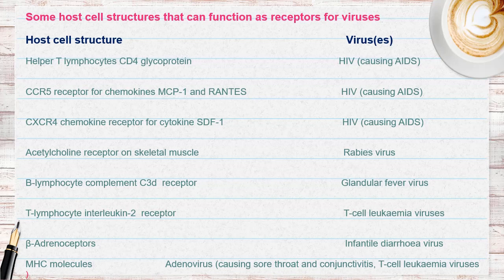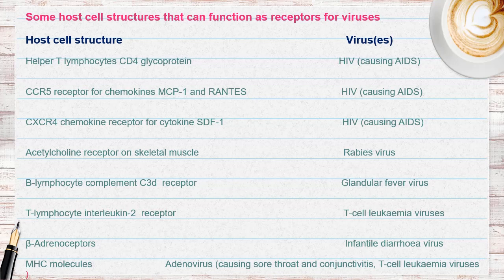So these are the cells where the receptor for CCR5 is present, and again the HIV AIDS virus can interact. Next is the CXCR4 chemokine receptor for the cytokine SDF, that is stromal cell derived factor 1. Again, it serves as an entry point for the HIV AIDS virus.